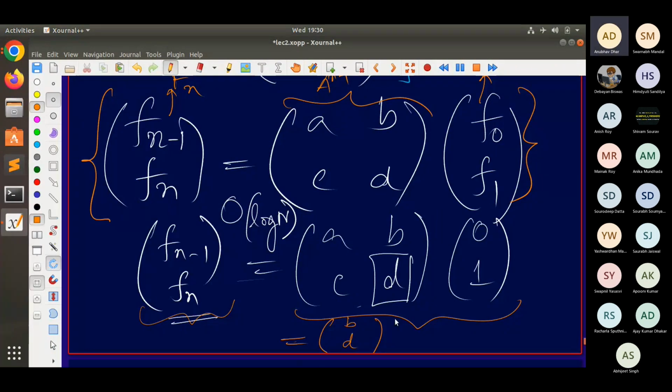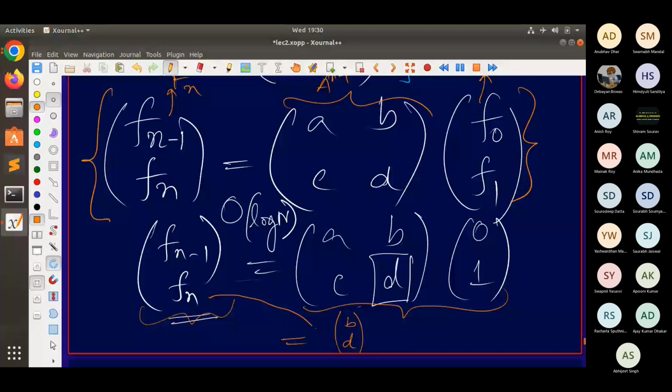I hope I'm not making some arithmetic mistakes over here. Yeah, it seems so. So f of n is equal to D. Okay.